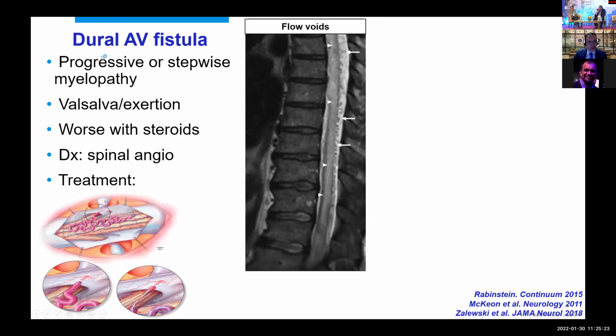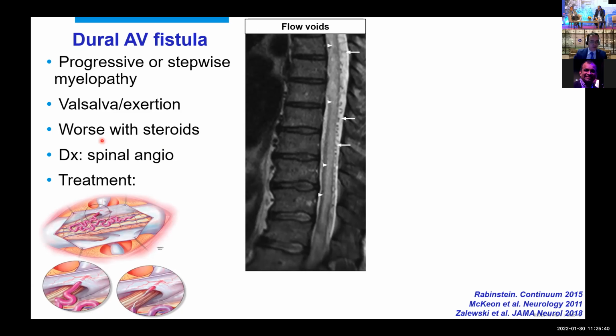A dural arteriovenous fistula is a do-not-miss diagnosis for neurologists, commonly mistaken for transverse myelitis. And what you'll see is that these patients tend to have more of a progressive myelopathy, beyond the 30 days that we mentioned, and they can get worse with steroids.